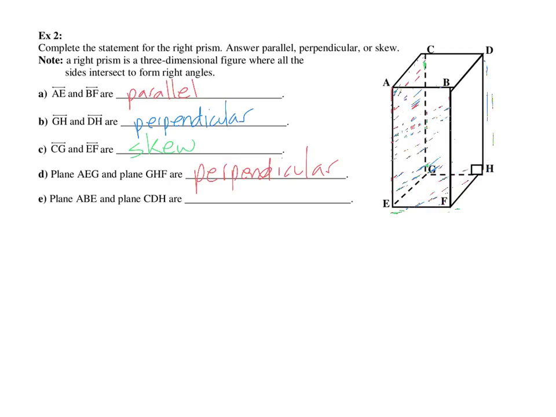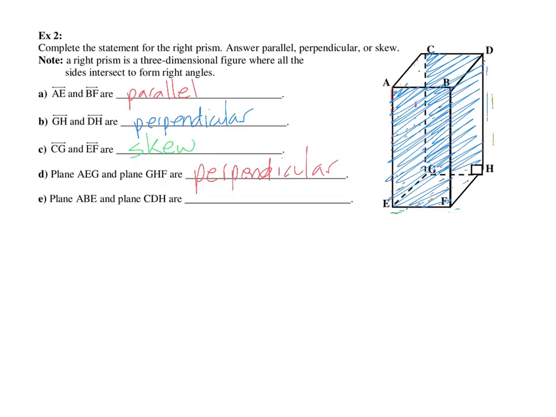Okay, that should be good enough. So we have plane ABE, and then we have plane CDH, one in the back here. So those planes are parallel.